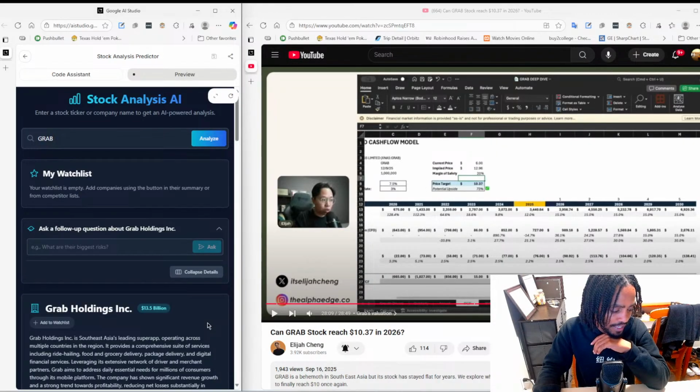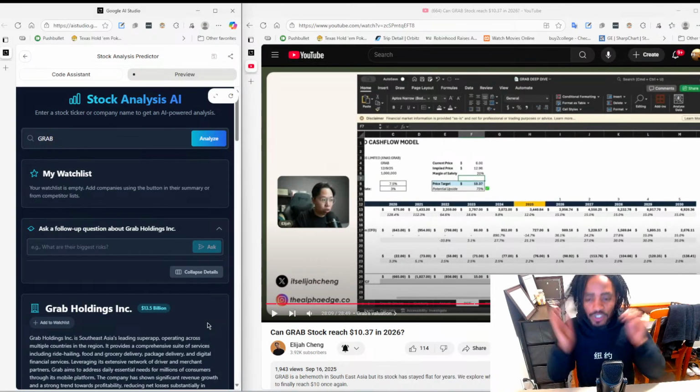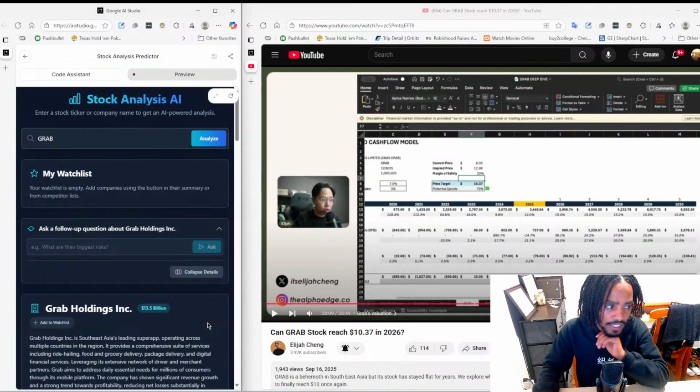And the fact that their product is built in a way that is almost different than NVIDIA, in the fact that you get more output for a given token, and the fact that it's cheaper and uses less electricity.